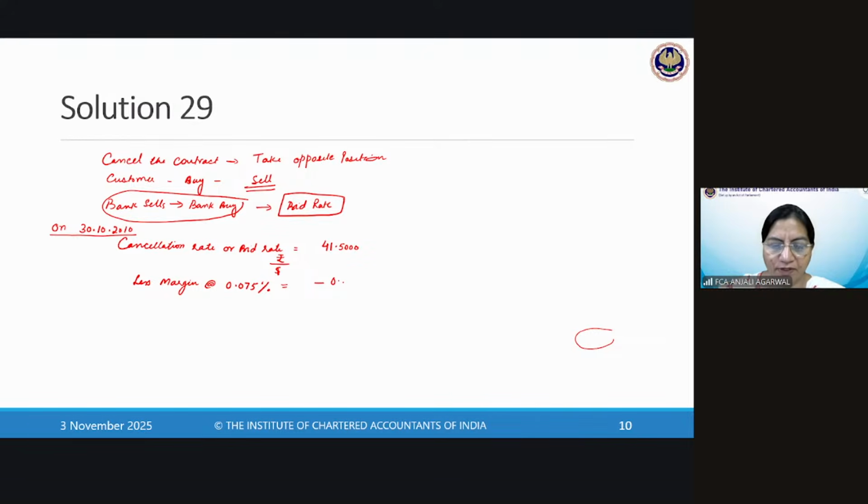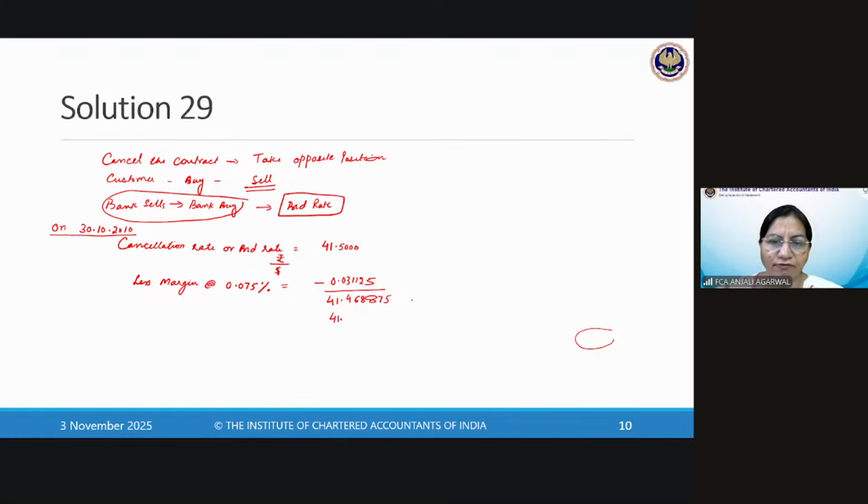Minus 0.031125. It's 41.468875. You will round off 41 point.